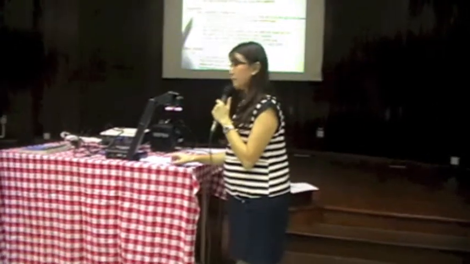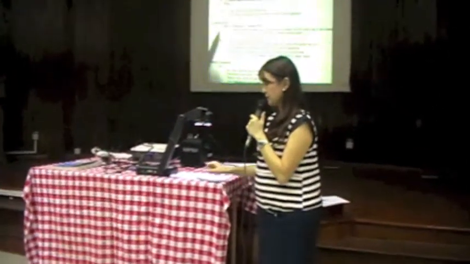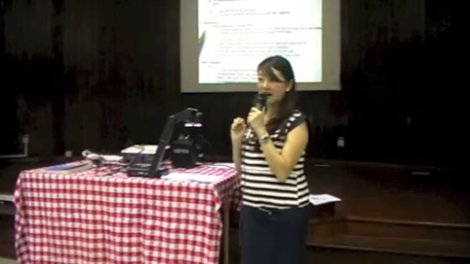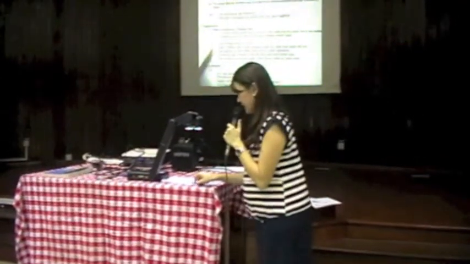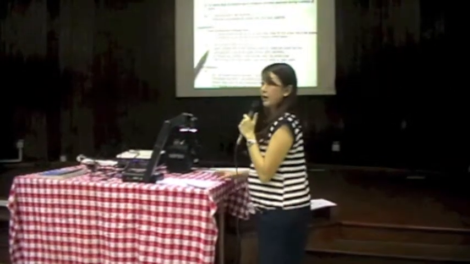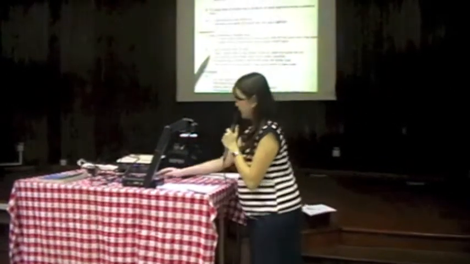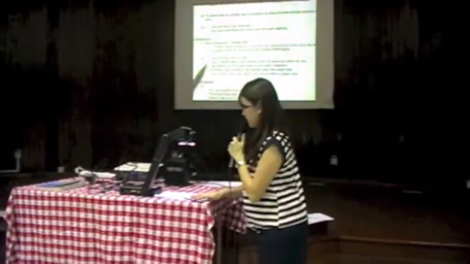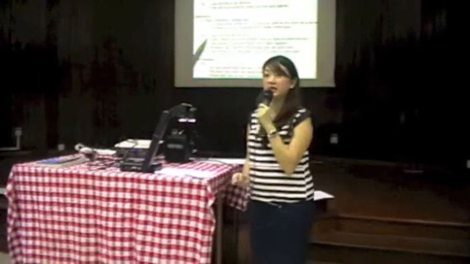Okay, let's look at combination number 1, past continuous plus simple past. Alright, now I would like you to have a look at the first sentence here. Okay, I was studying when he rang.